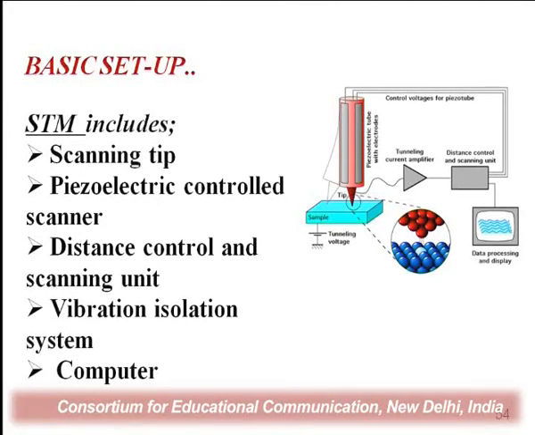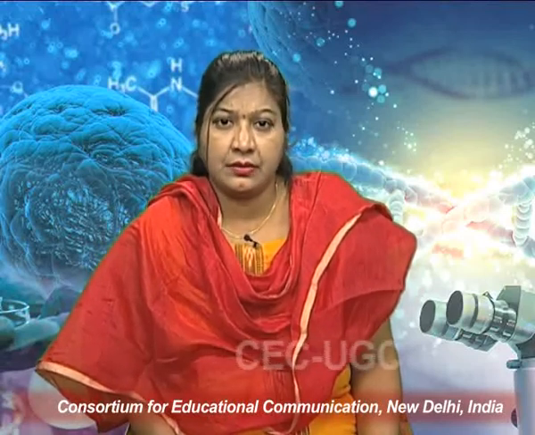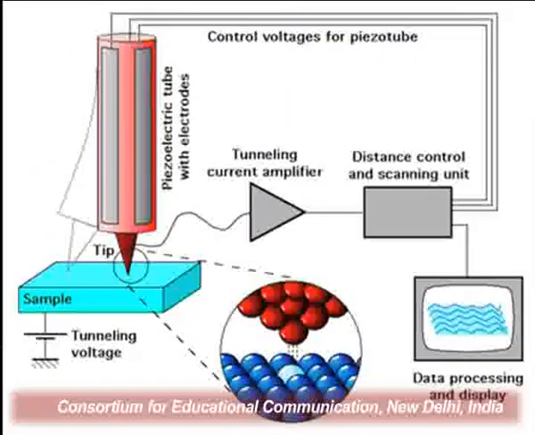Third is the distance control and scanning unit, fourth is the vibrational isolation system, and next is the computer which gives the output of the specimen. So this is the image, a clear cut picture of the scanning tunneling microscope.